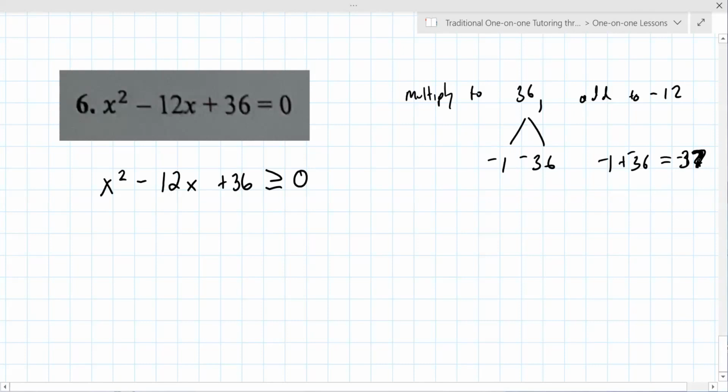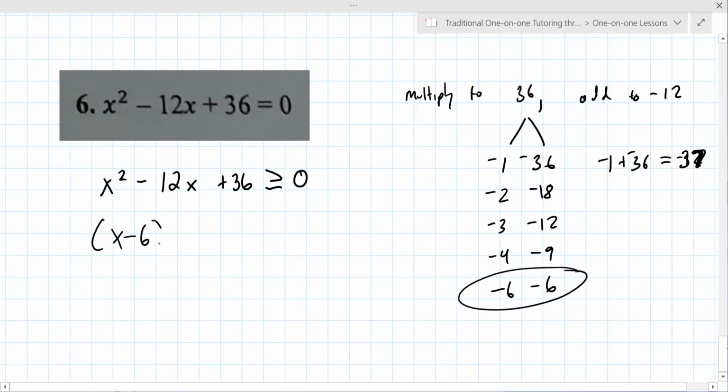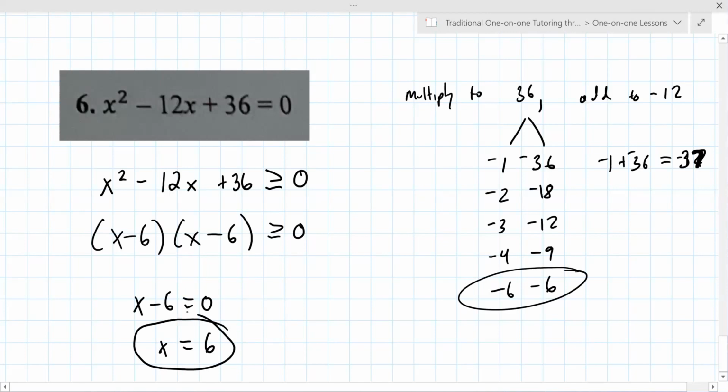So like -2 and -18, -3 and -12, -4 and -9, -6 and -6. The last one works. So you get x minus 6, x minus 6 greater than or equal to 0. x minus 6 equals 0 when x is 6, and this is the solution. This is the only value that makes this work.